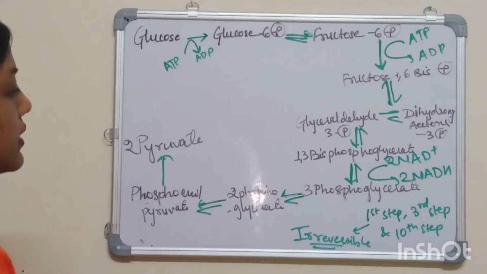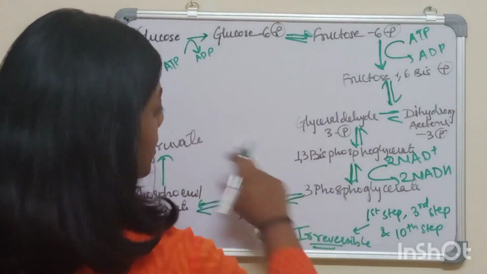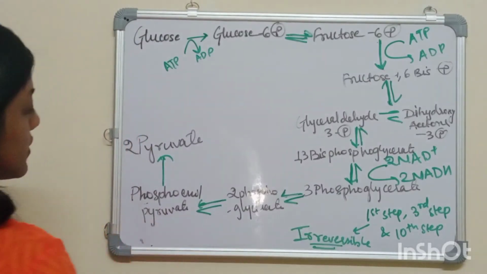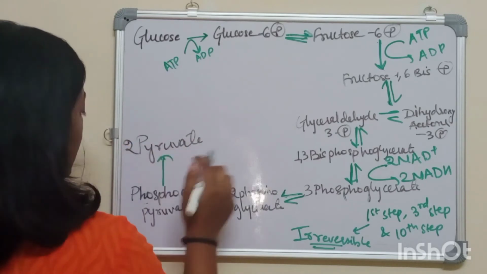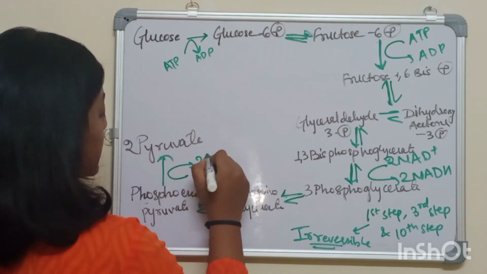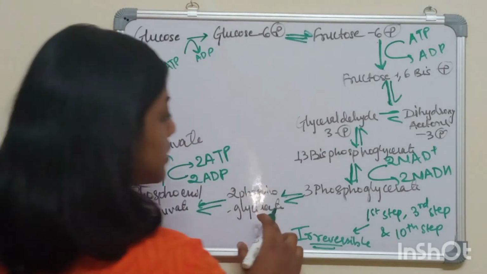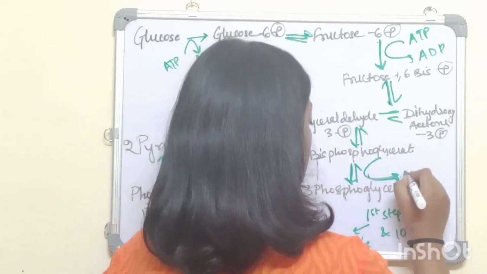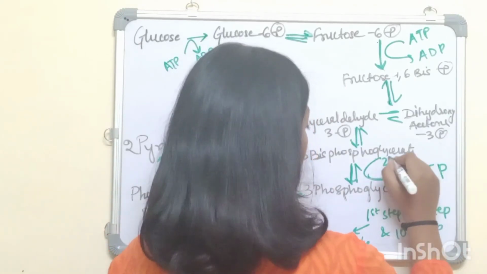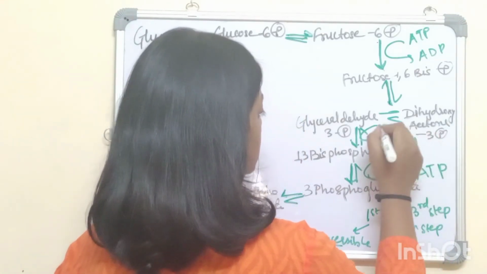Then 3-phosphoglycerate forms 2-phosphoglycerate, 2-phosphoglycerate converts to phosphoenol pyruvate, and then to 2 pyruvate. Here 2 ATPs are produced from 2 ADP.